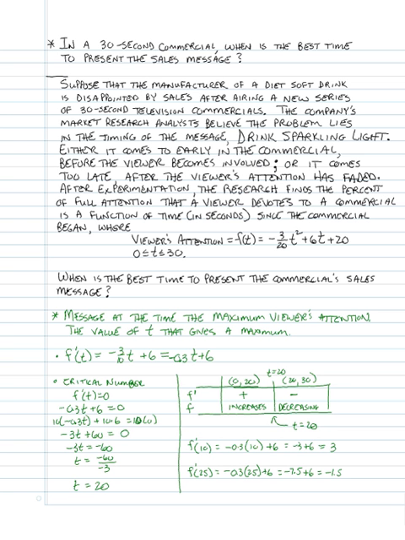A maximum attention of the viewer, maximum viewer's attention. And we've decided that, of course, because we were increasing and then we began decreasing when we passed t equal 20. So the answer here is that the message should appear for the maximum viewer attention 20 seconds into the commercial.